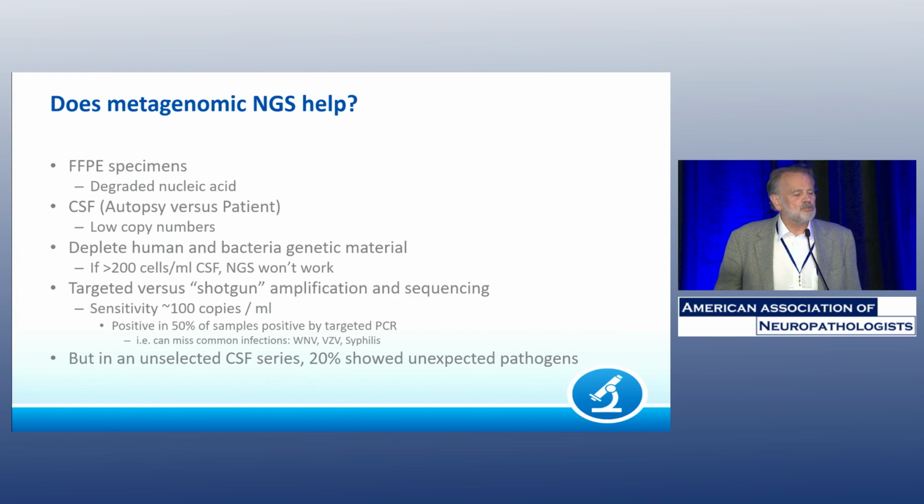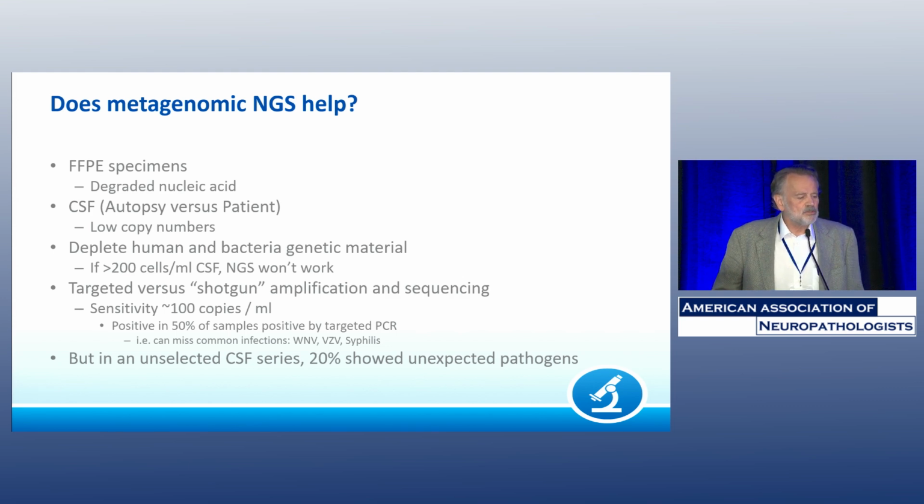Again, if we had cerebral spinal fluid, that can be quite helpful, but most viruses in the CSF are at very low copy numbers. And so the focused PCR tests that we're more familiar with can pick up those low copy numbers and identify specific agents, but some of the metagenomic amplification doesn't allow that same sort of level of sensitivity.